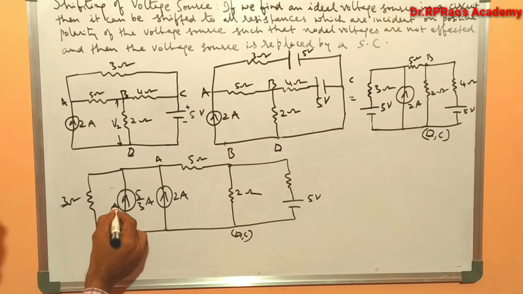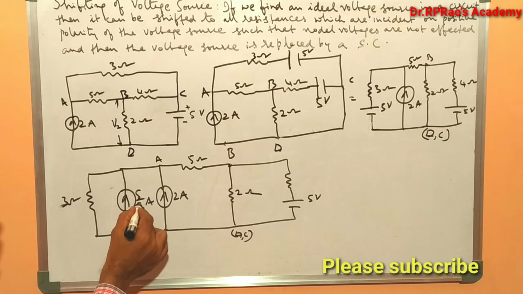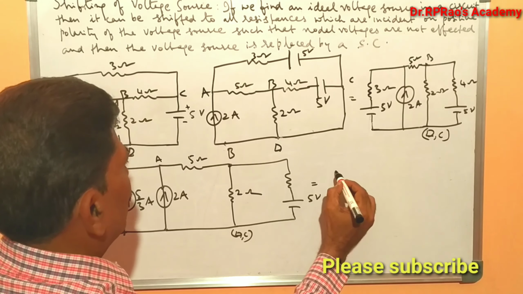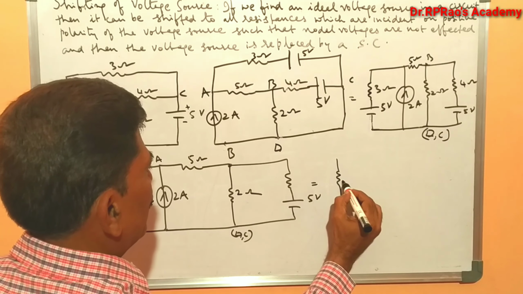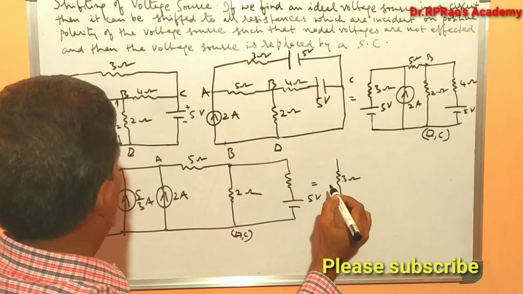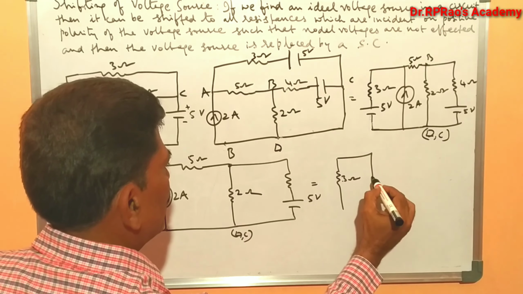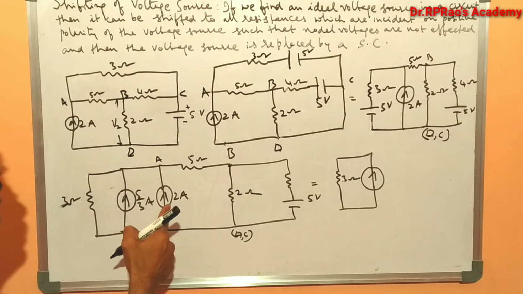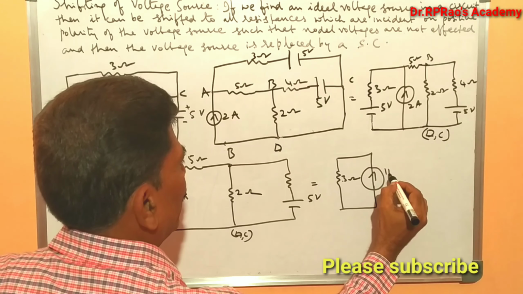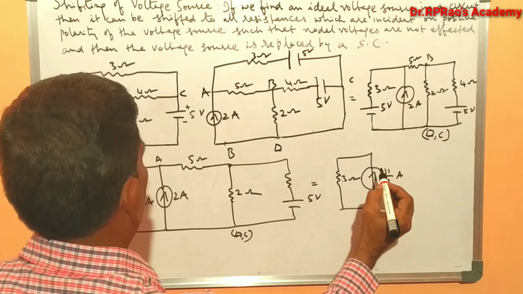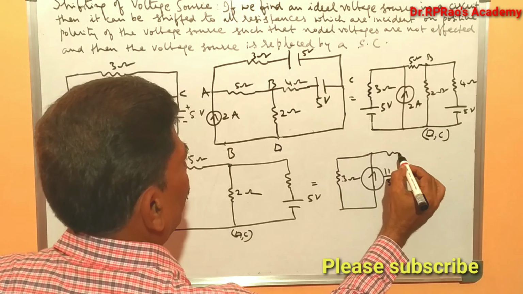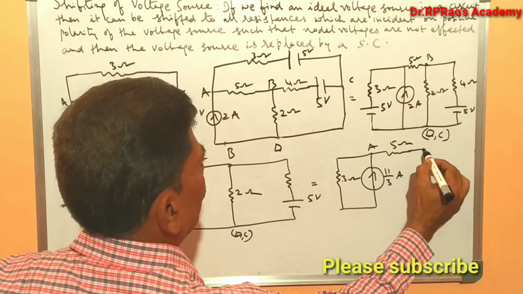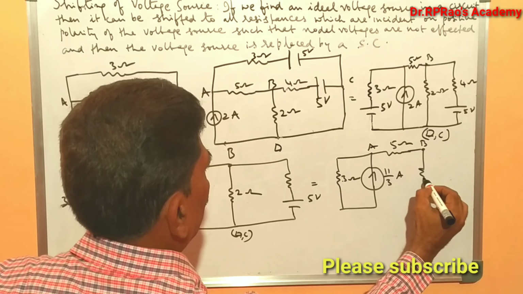Now, these two can be added up. If you add, you get 11 by 3 amperes. So, it is further simplified: the 3 ohms remains as it is, and for the current source, add these currents, 5 by 3 plus 2, which is 11 by 3 amperes, and here a 5 ohms resistor between A and B, and this is the 2 ohms resistor.